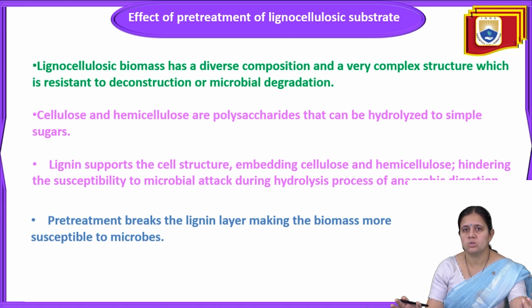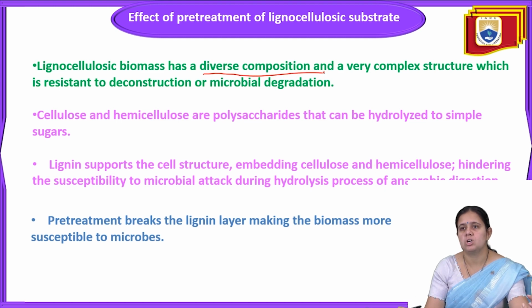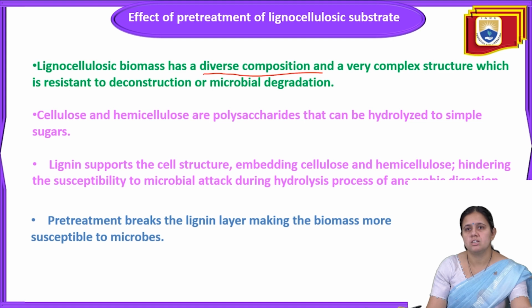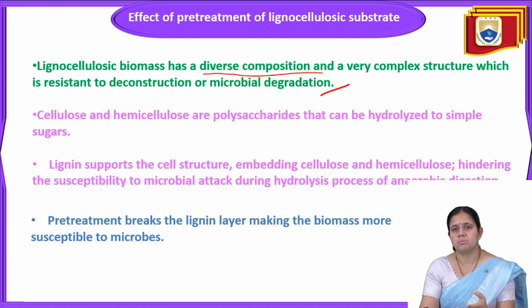Lignocellulosic biomass has a very diverse composition and a very complex structure, which is resistant to deconstruction by microbial activity. This complex structure leads to resistance to deconstruction or microbial degradation.